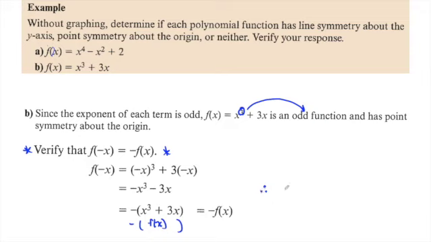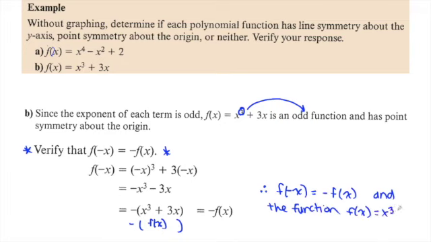So therefore, you have f at negative x equals negative f at x, and the function f at x equals x cubed plus 3x has point symmetry about the origin. Okay, so if you were doing this and it didn't equal the same thing, then no, it wouldn't have that symmetry.